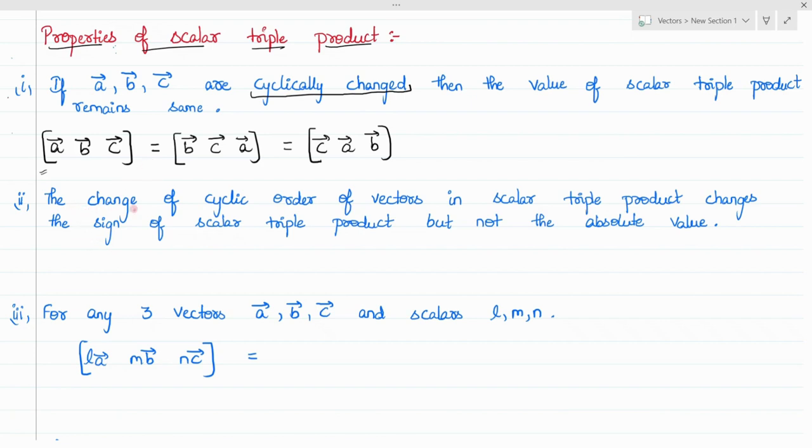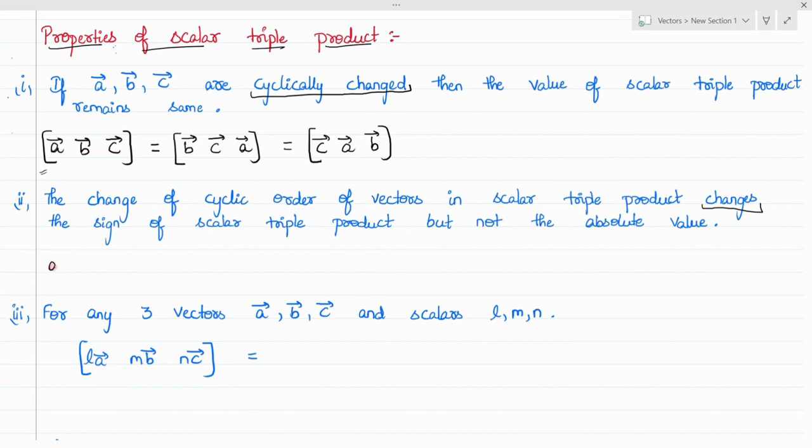The second property is that the change of cyclic order of vectors in scalar triple product changes the sign of scalar triple product but not the absolute value. It changes the sign but the magnitude is going to remain the same.